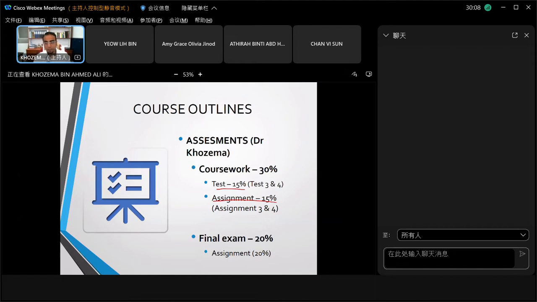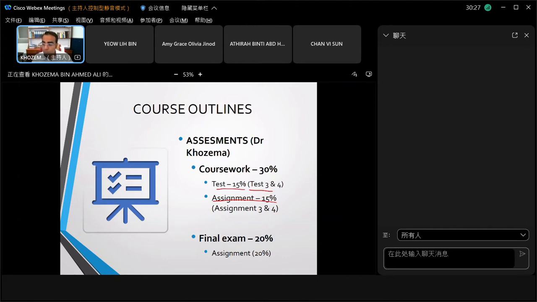This is also for your improvement, because if you did not do well in test 3 or test 4, this should indicate to you that you did not understand whatever has been discussed in the class.